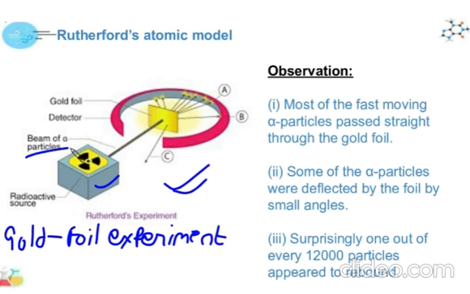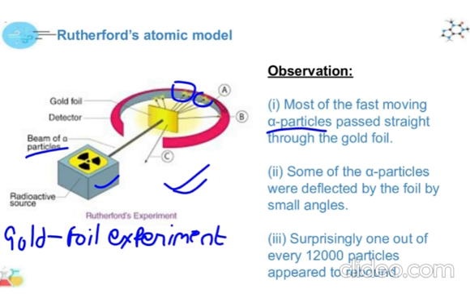So what he observed is that the fast moving alpha particles, this is the sign of alpha particles, pass through the gold foil. The alpha particles, like here in yellow, went directly through the gold foil. He even observed that some of the alpha particles were deflected by the foil by minute acute angles, like small angles.